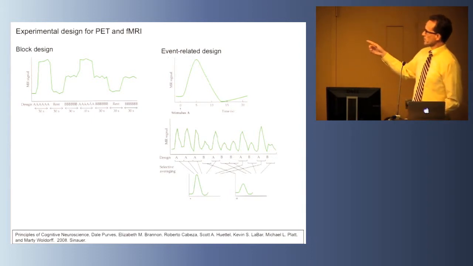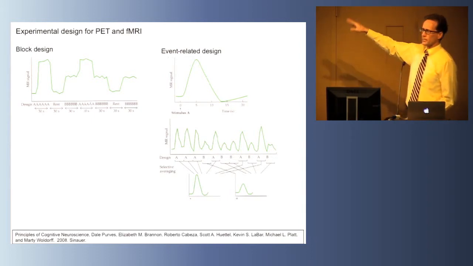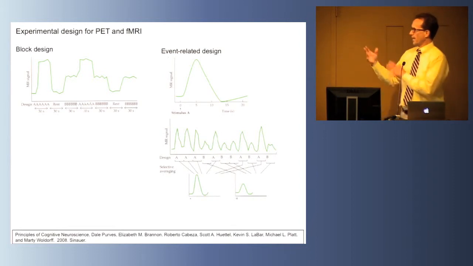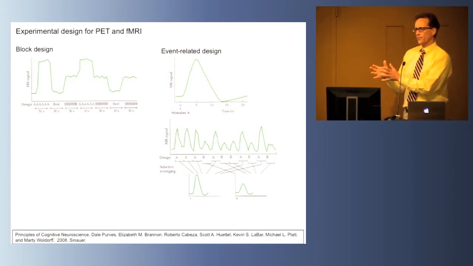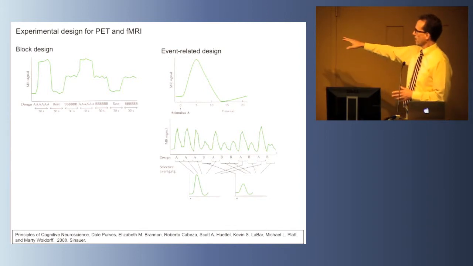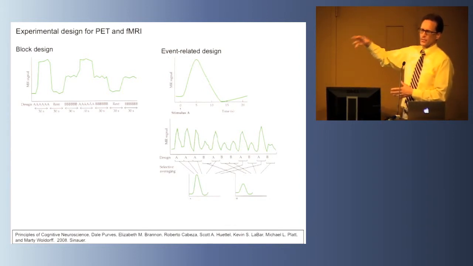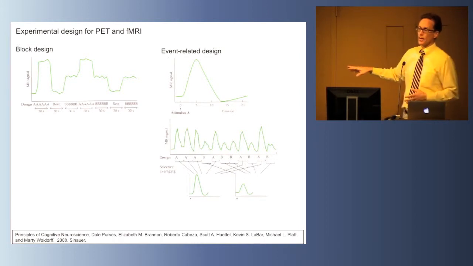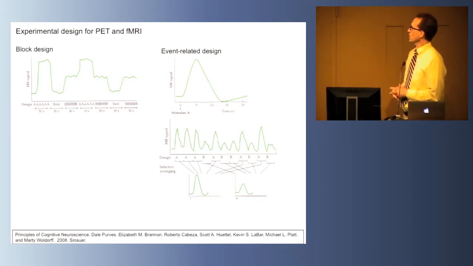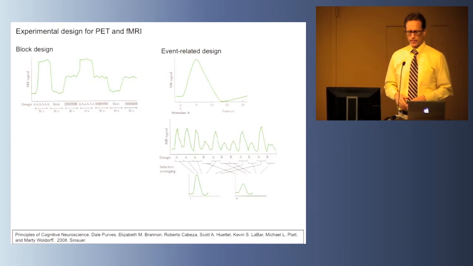And then we can take the MR signal that's high and low and high and low and average it on the A event and on the B event and pull out the signal associated with doing A and doing B through time. That's the event-related design. There are more sophisticated approaches to this that we won't go into.